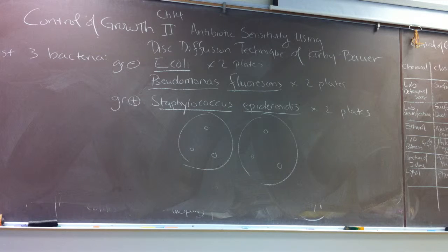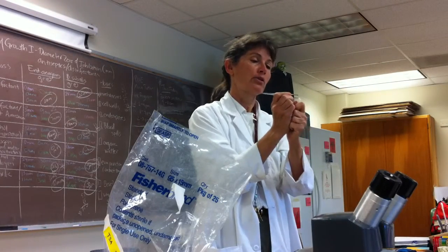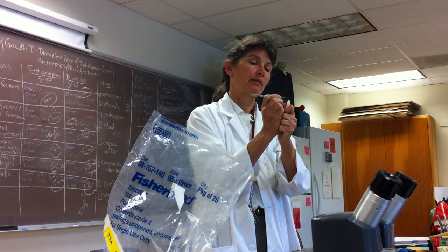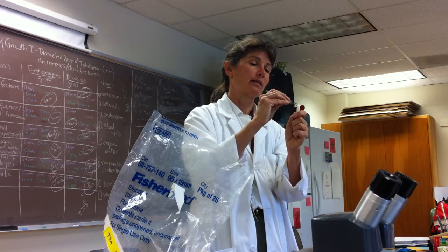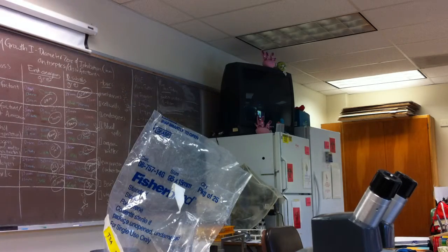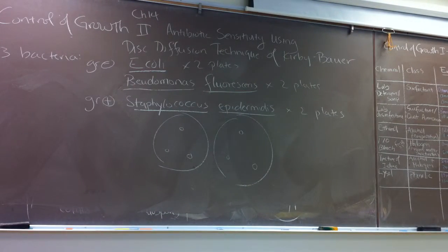Make sure you guys read the plastic sleeve for the name of the antibiotic. So this one is tetracycline. What I'll do is I'll use my forceps and just try to push the disc till the edge of it is just over the plastic sleeve. And I'm just going to try to grab onto that disc. Okay, I grab my disc, and then I want to place the disc on the surface of my swab plate.